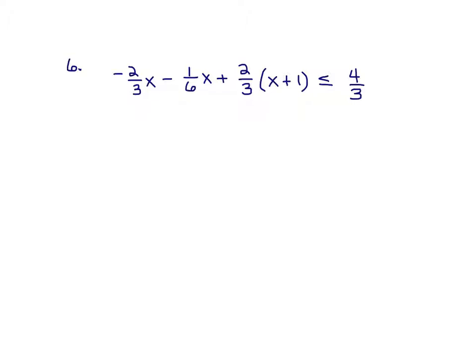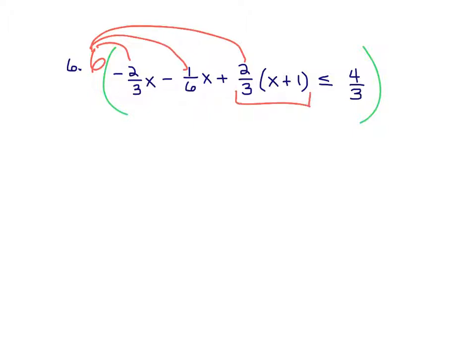So I'm going to distribute it here, here, here. This is all one term, so I'm only going to distribute it to the 2/3, and then finally to the 4/3. So when I distribute it to the negative 2/3, I could simplify diagonally, make that a 2, and then that turns into negative 4x.